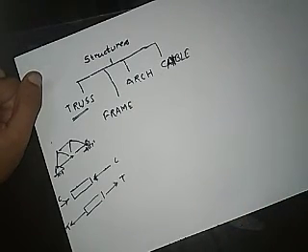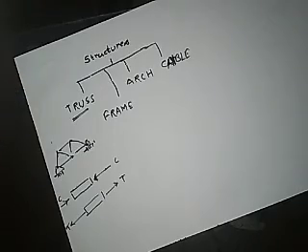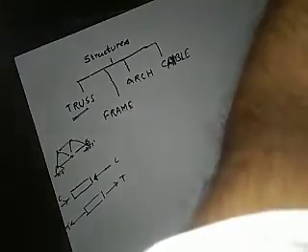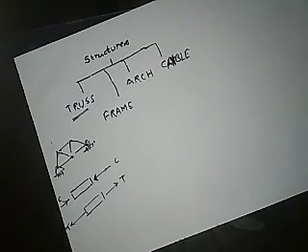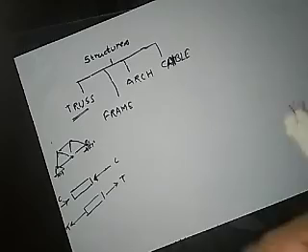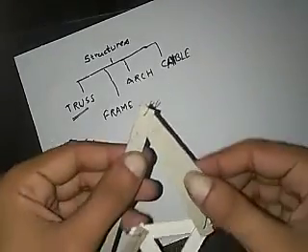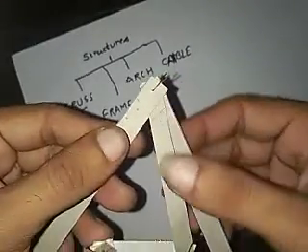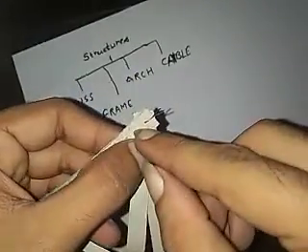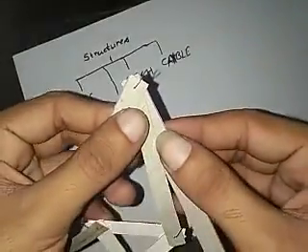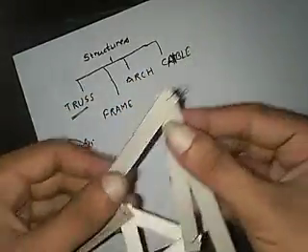First of all, whatever structure we are using for the truss, the connections of the members should be pins. See, this is a pin, and a single pin is passing through it, so it is not restricting any rotation.